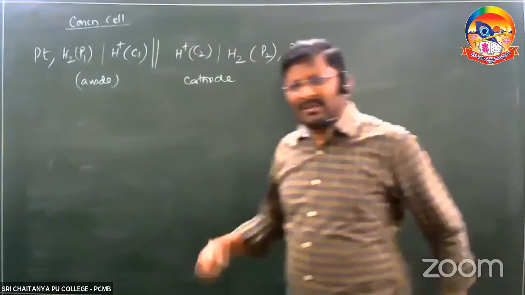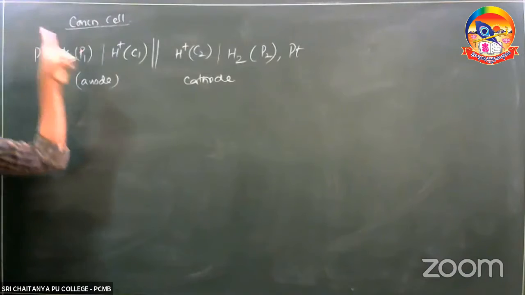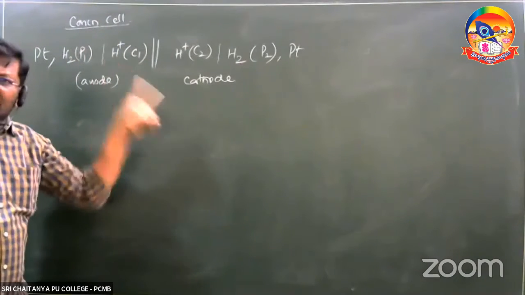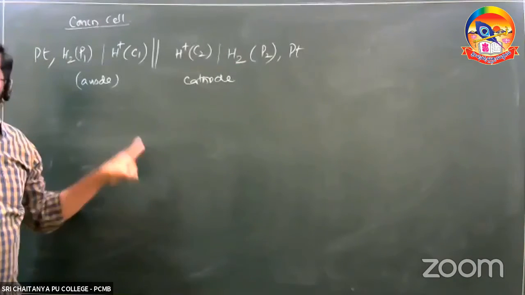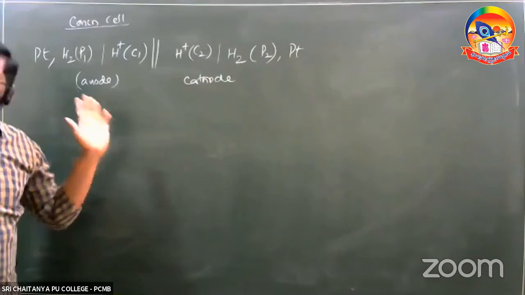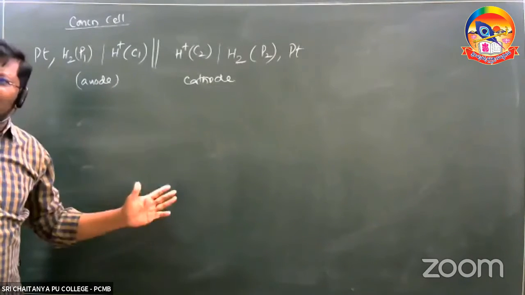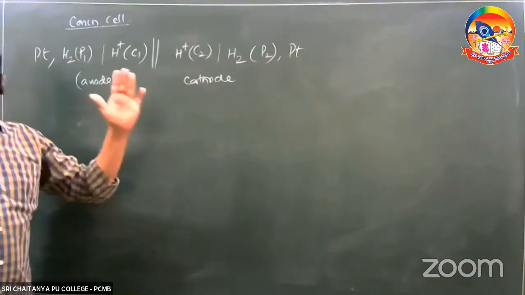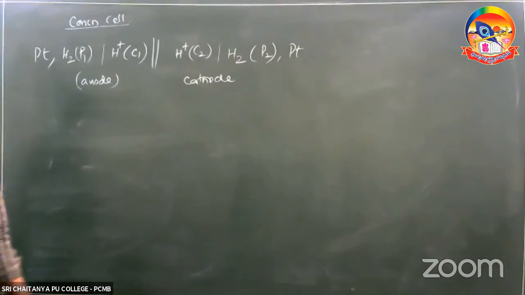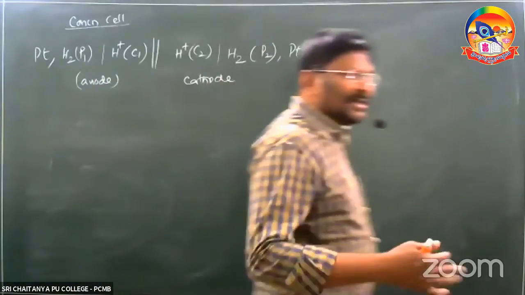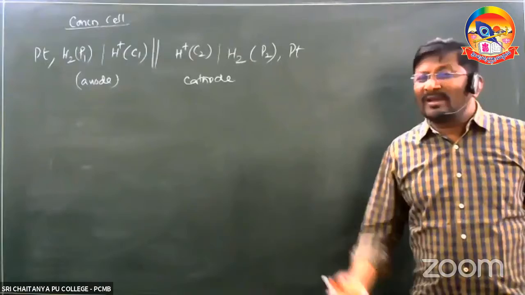Concentration cell constructed by hydrogen electrodes, not standard hydrogen electrodes. Both are different hydrogen electrodes, with different pressures and different concentrations. Now we have to develop the Nernst equation for that, and for that we need the cell reaction.